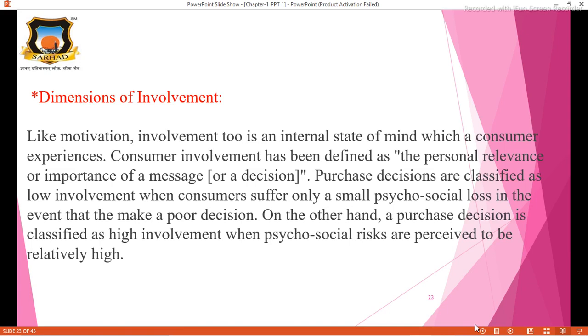On the other hand, a purchase decision is classified as high involvement when the psychosocial risk perceived is relatively high. Hence, in a purchase decision, the involvement may be high involvement or low involvement.